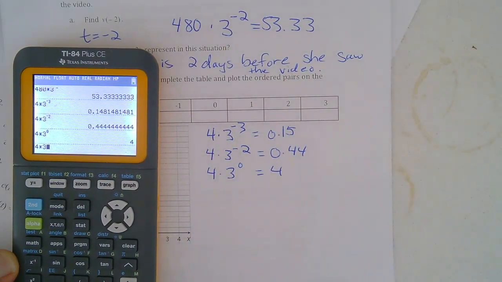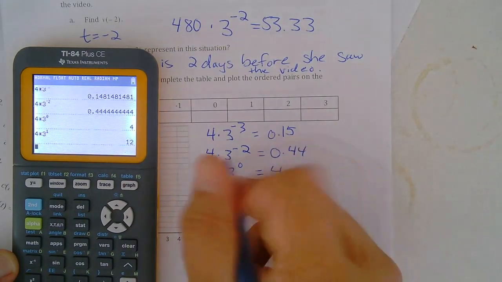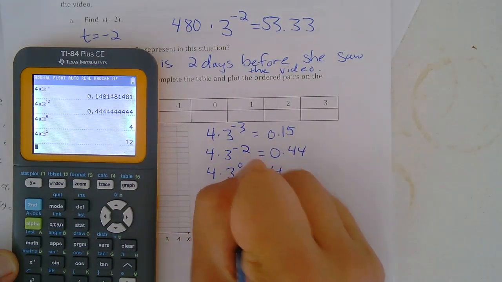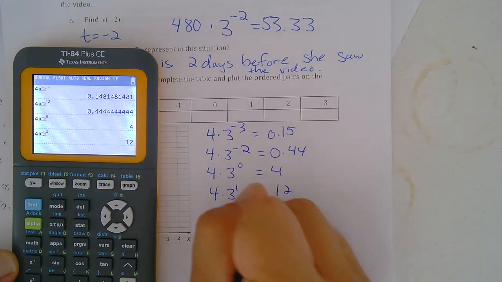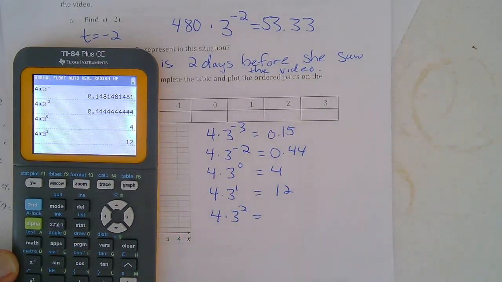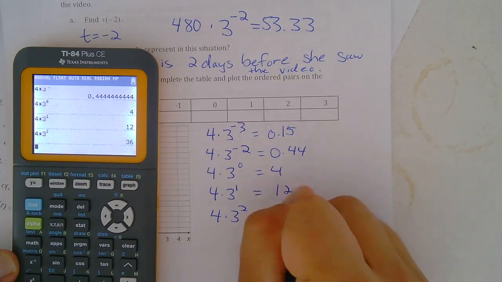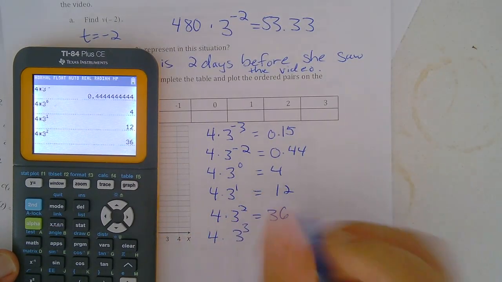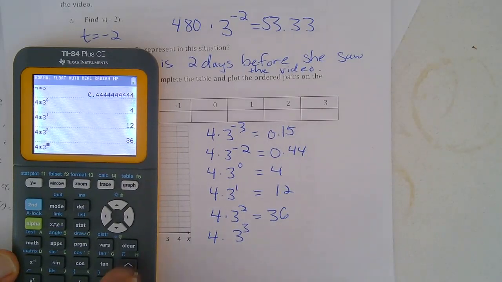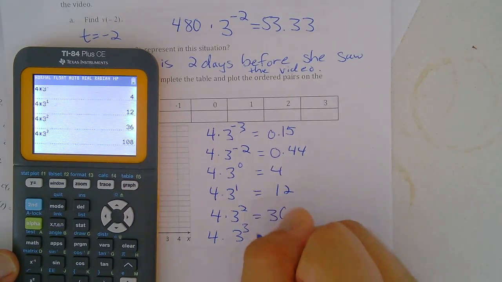Then 4 times 3 to the first is 12. And 4 times 3 squared is about 36. And 4 times 3 to the third is about 108.